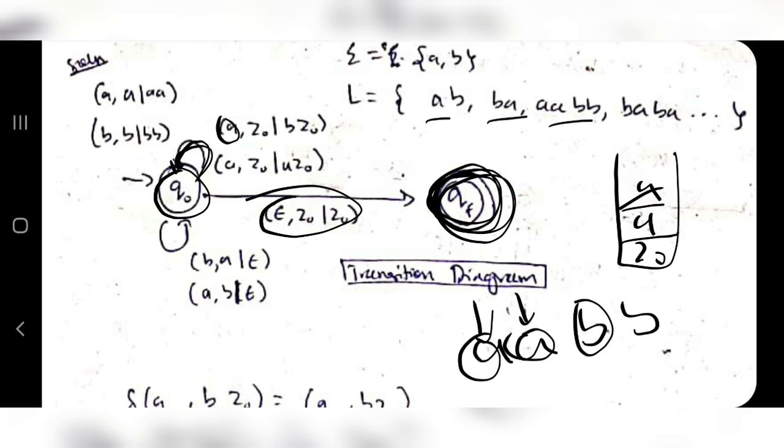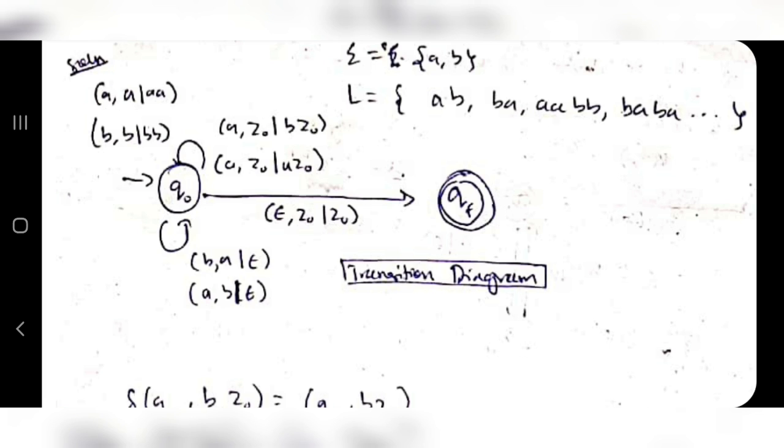For each A, when I encounter a B, I will pop it. Another B, I will pop this one. When the string is over and the stack has reached the top, Z naught, then we can conclude that the number of A's and B's are equal, because each A was cancelled by a B. In that way you can know if the string is valid or not.